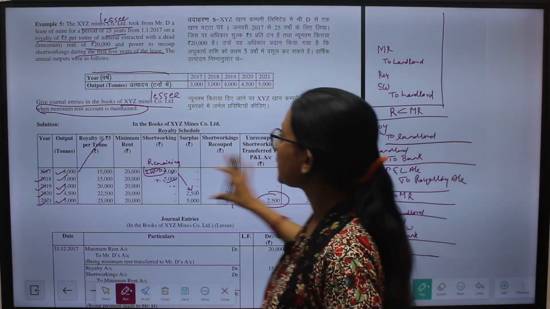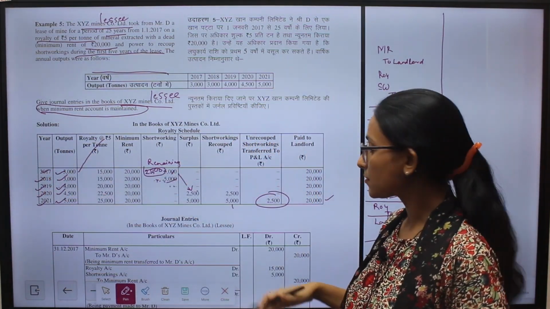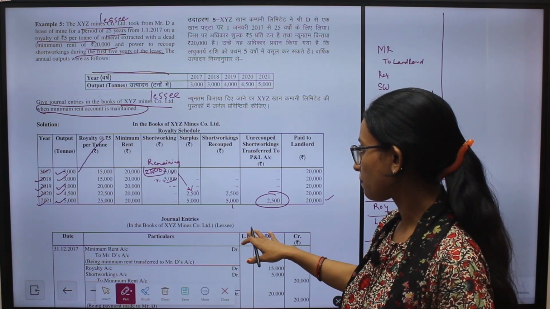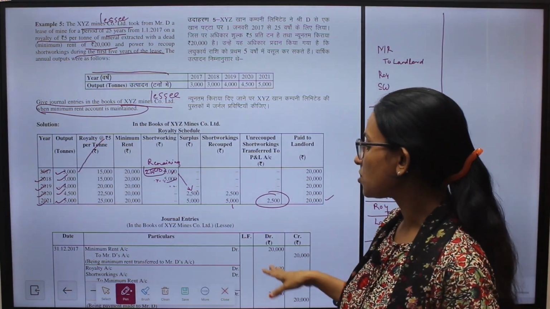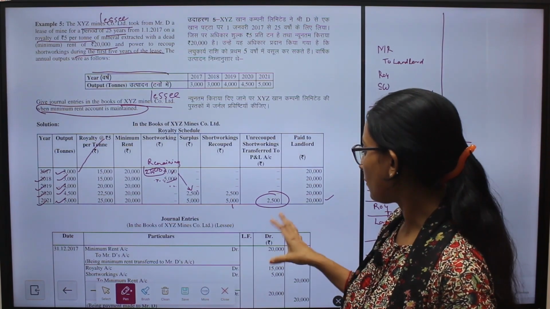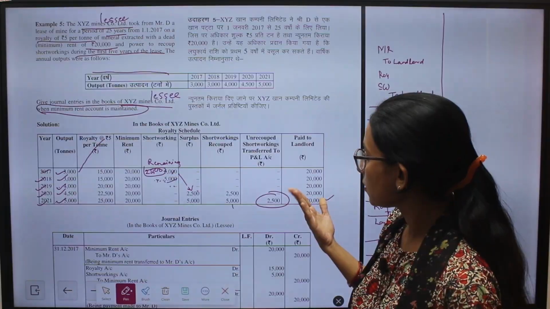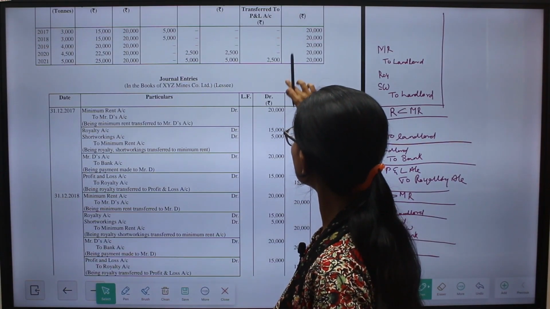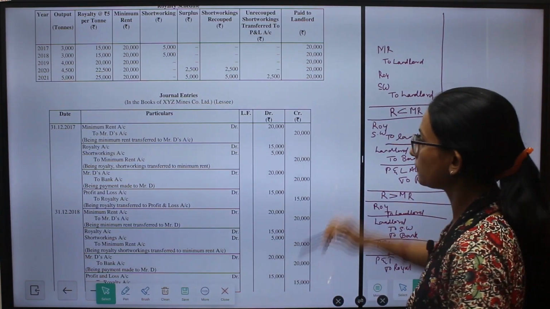So this is the royalty schedule. After making this schedule, you have to pass the journal entries in the books of the lessee. It will become much easier for us to pass the journal entries and put the amounts in. So how will I pass the journal entry in the books of the lessee? I will keep the amounts over here, so it will be useful for you to see.